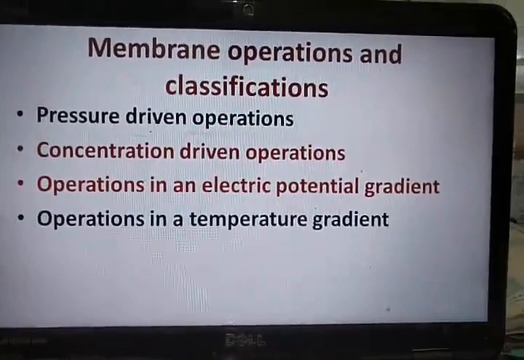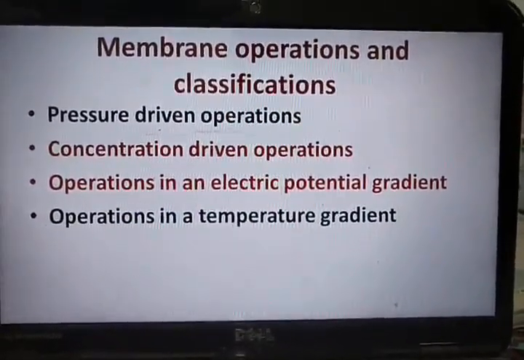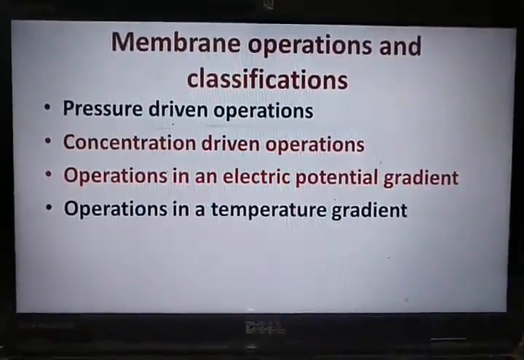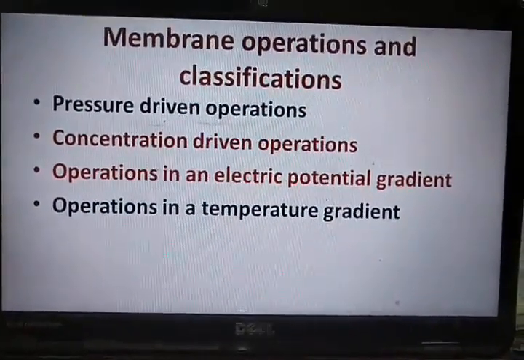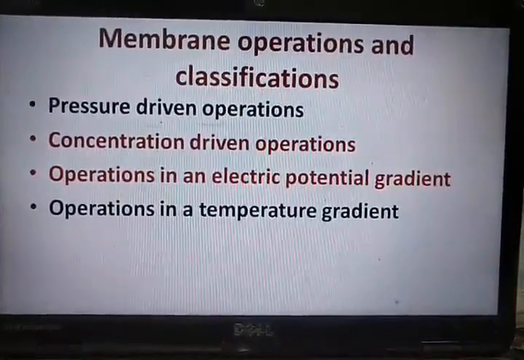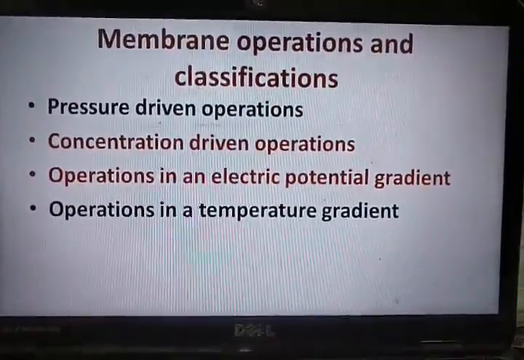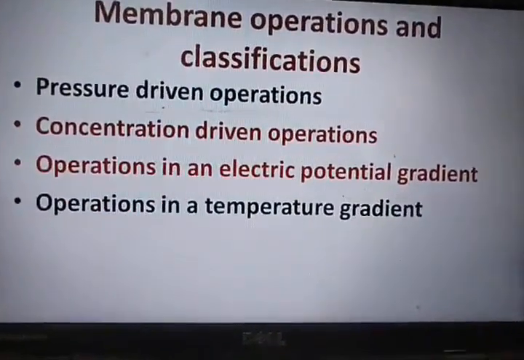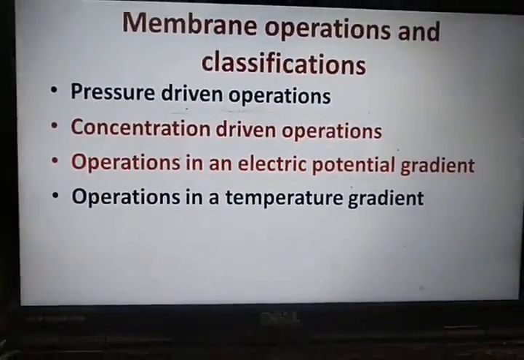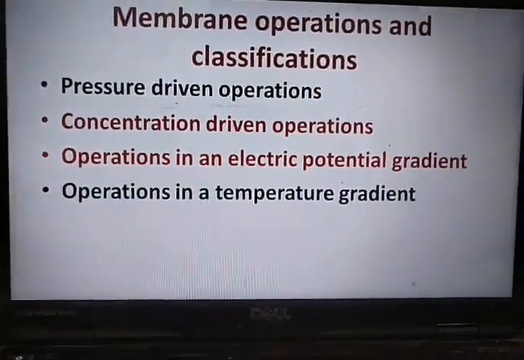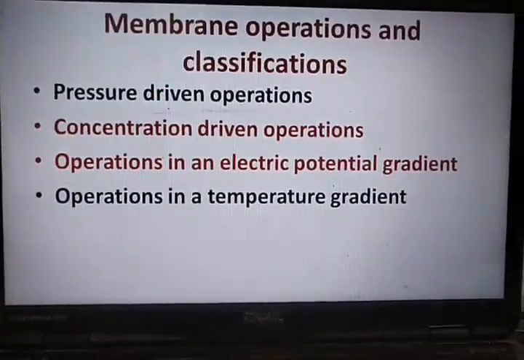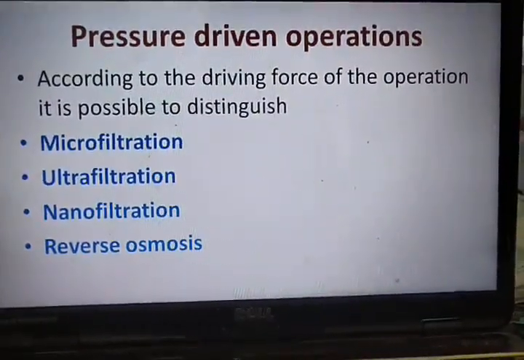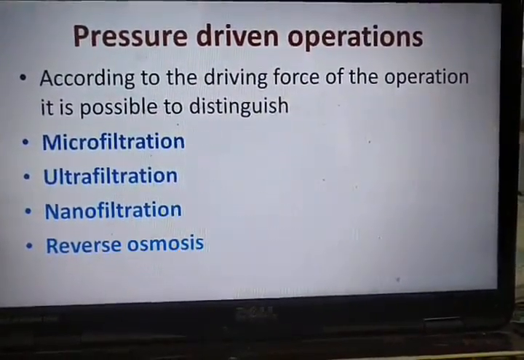How are membrane operations classified? Basically they are classified under 4 heads: pressure driven operations, concentration driven operations, operations using electric potential gradient, and operations using temperature gradient. See, based on the application of membrane technologies, they are classified under these different heads. Let us see what are the different methods under these heads. The first one is called pressure driven operations.